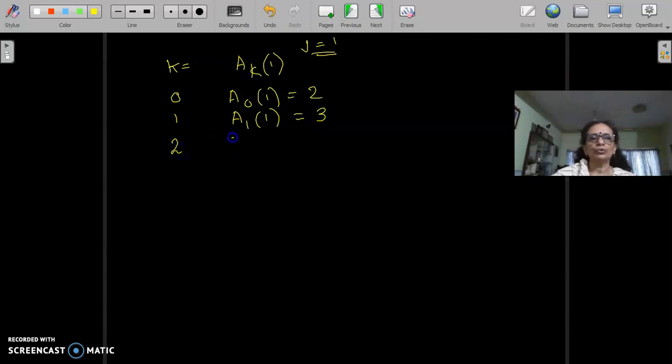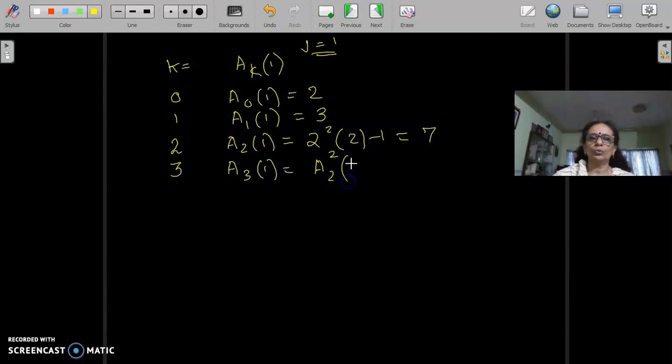Then when k equal to 2, we need to know a_2(1). So a_2(1) is going to be 2 raised to 1 plus 1, that is 2 raised to 2, times 1 plus 1, that is 2, minus 1, and it is the same as 7. When k equal to 3, we can expect it to be much bigger. Now a_3(1) is going to be a_2 applied twice to 1, so it is a_2 of a_2(1), and a_2(1) is something we already know as 7.